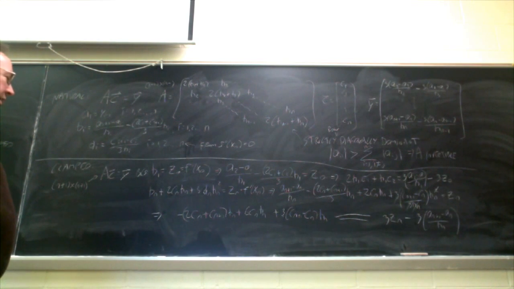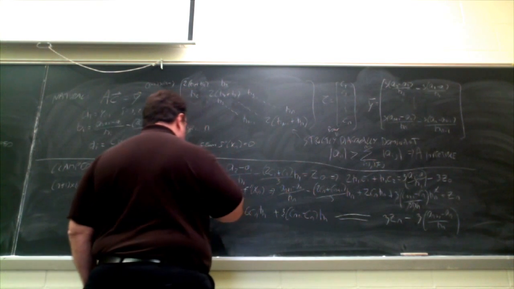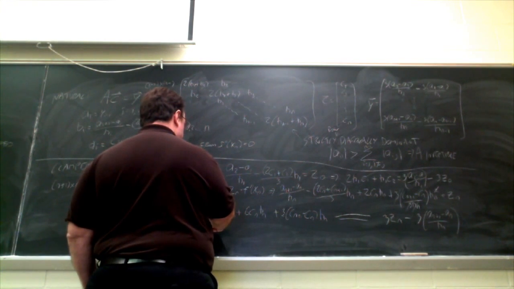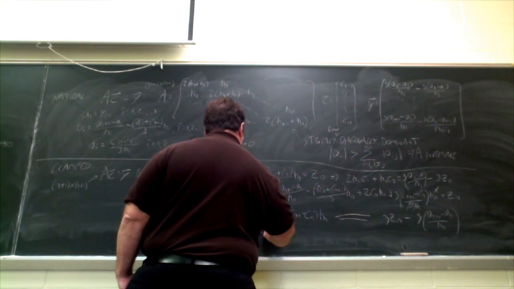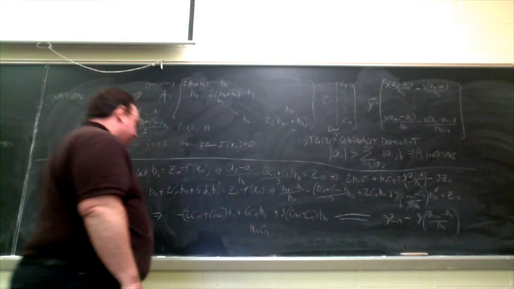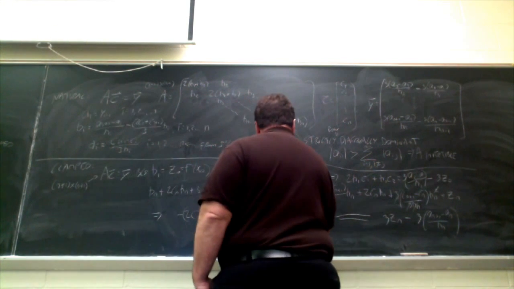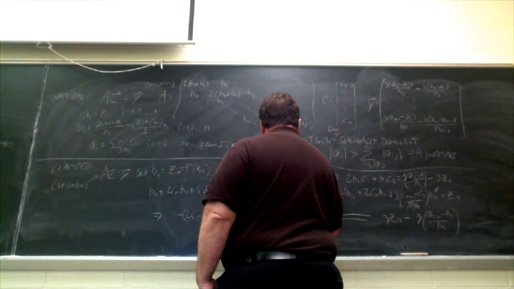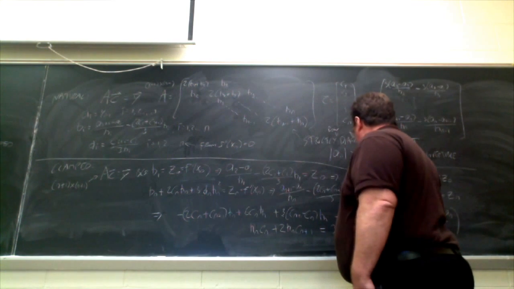Okay, so then if I combine all these terms, I have hn cn, and then for cn plus 1 I have plus 2hn cn plus 1 equals all this.